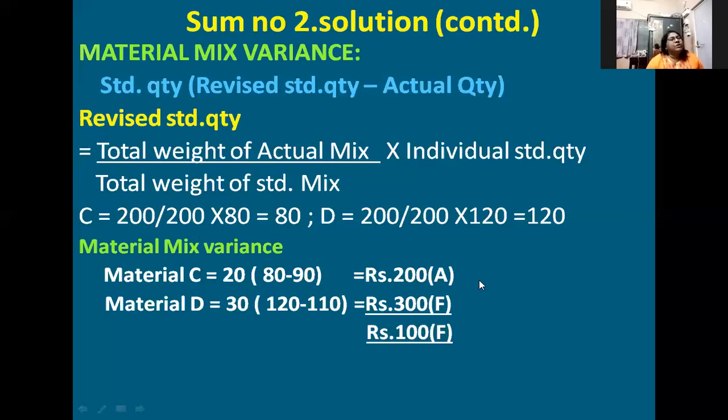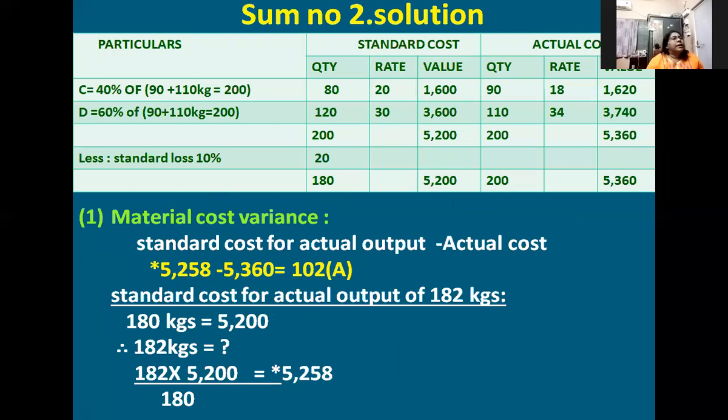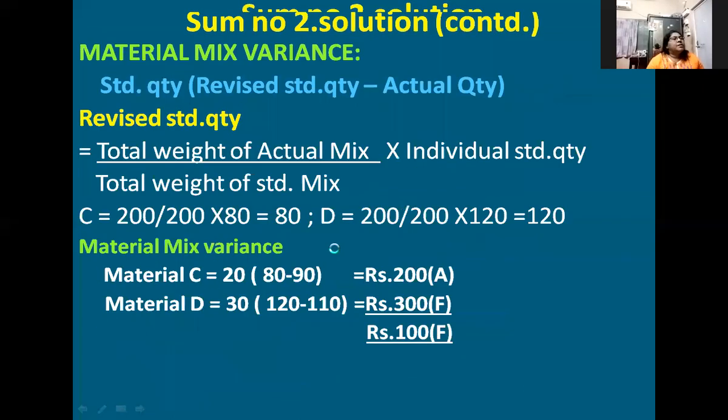So what is the individual standard quantity? Look at that. Individual standard quantity is 80 and 120. 80 for C, 120 for D. This is the thing I want to highlight. The individual standard quantity for C and D is 80 and 120. So get the answer for C and D and get the summation.